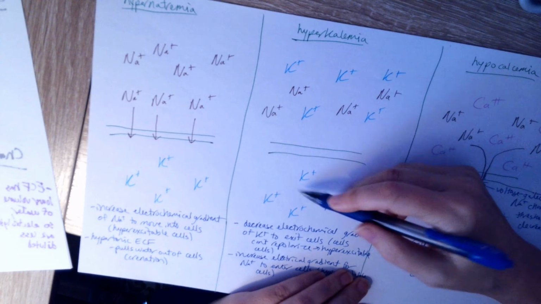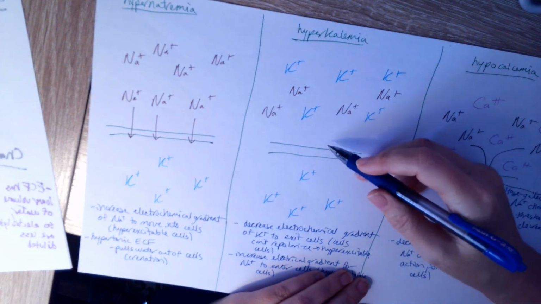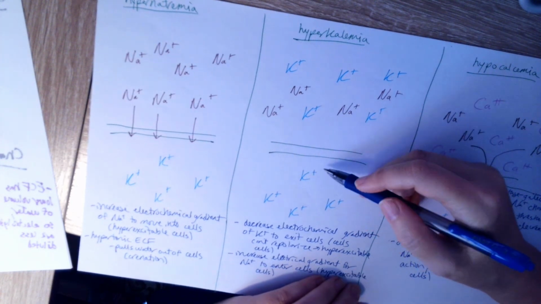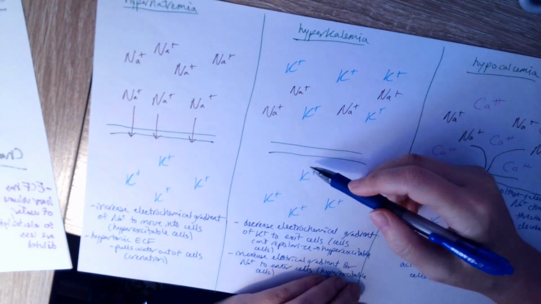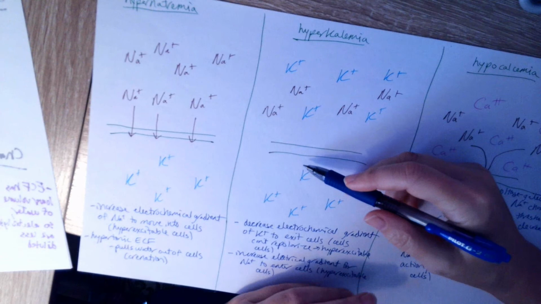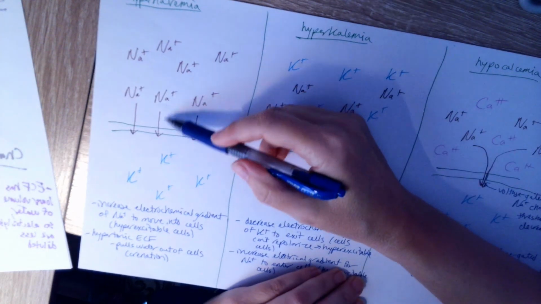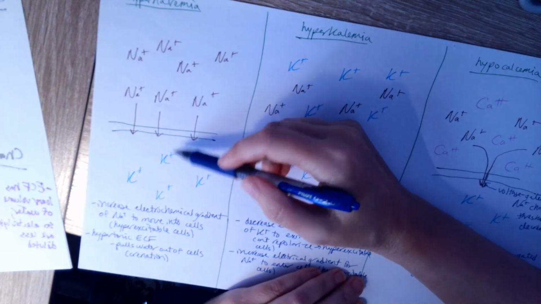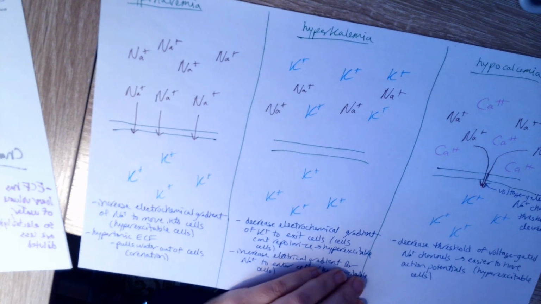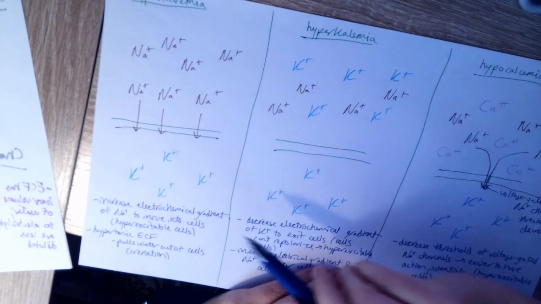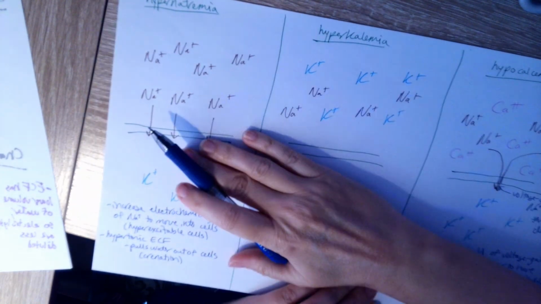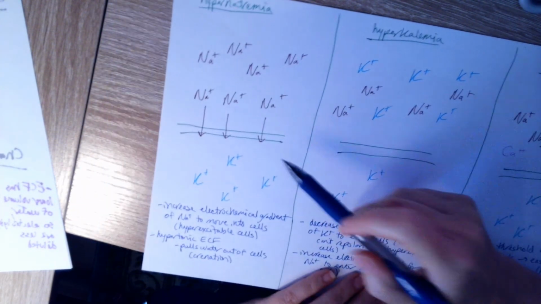So allowing potassium to leave the cell helps you to recover from your action potential, helps you become negative inside the cell again, helps you relax the cell after an action potential. Allowing sodium to go into the cell during an action potential, or to cause an action potential, is going to tend to excite the cell. So let's just focus on these 2 for now. We'll get to calcium next.